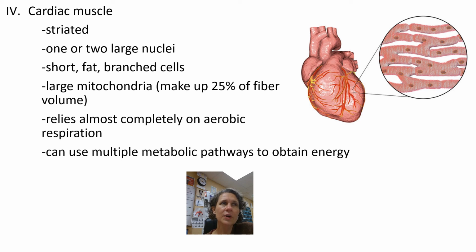They are always needing energy, so you have lots of mitochondria, and they're very large, and they take up a lot of space within the cell. And as far as your heart goes, it needs oxygen because it relies completely on aerobic respiration. It's one of the things that your body does automatically.